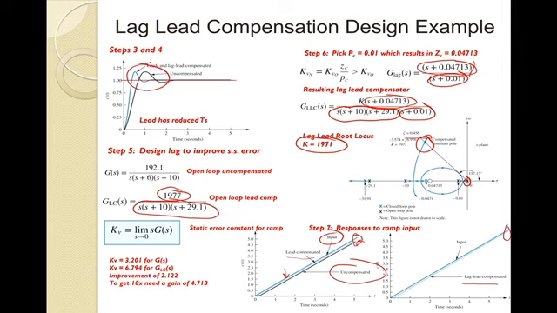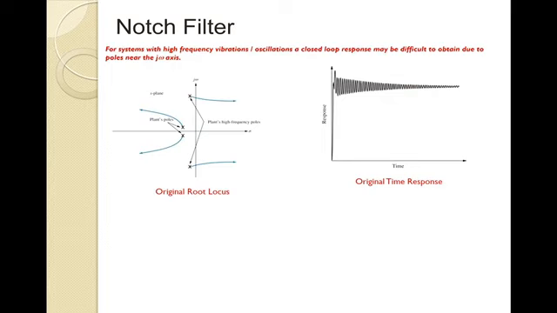Okay. So the final topic I wanted to do in this module is, every once in a while you might get an uncompensated system where you have poles that are right there. So for systems with high frequency vibrations or oscillations, a closed loop response may be difficult to obtain when your poles are, again, near the j omega axis where you would expect that oscillation.